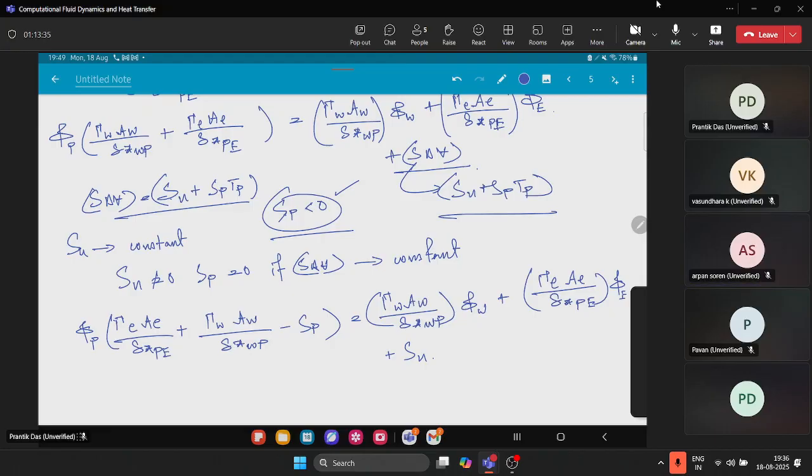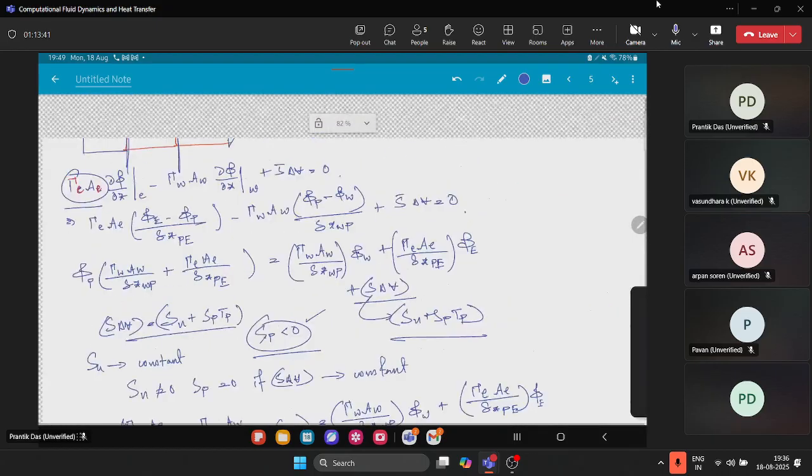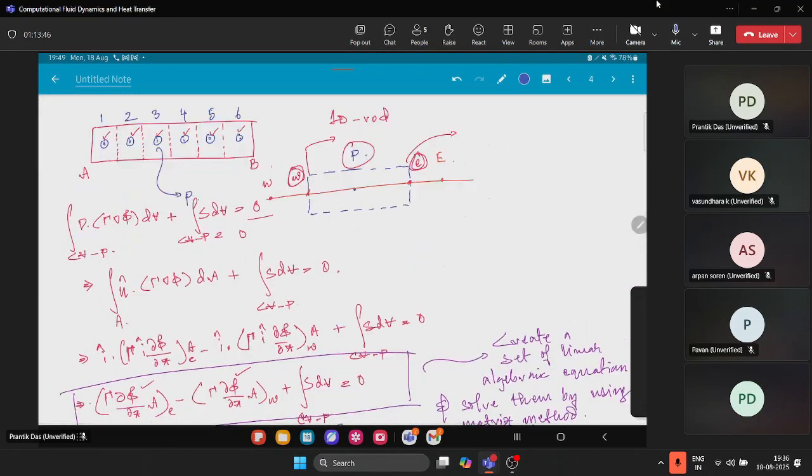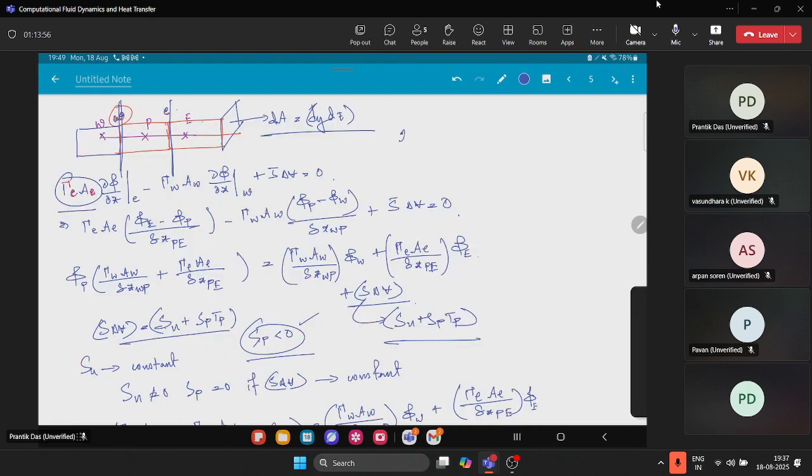Yes, sir. Okay, so as you've seen here, what I've done is basically I've only dealt with the cell centroids which were the interior ones. For example, these 2 to 5 are basically your interior cell centroids. So this is the equation for 2 to 5 cell centroids.